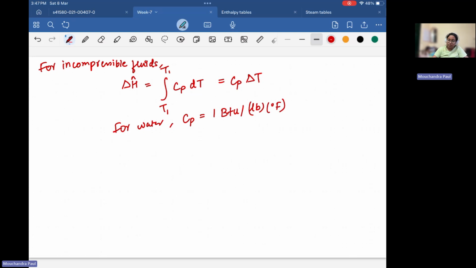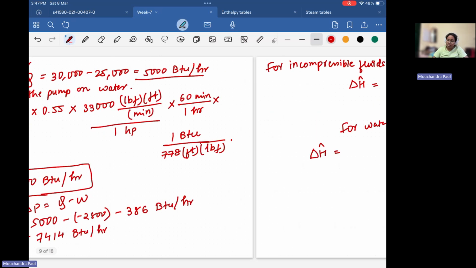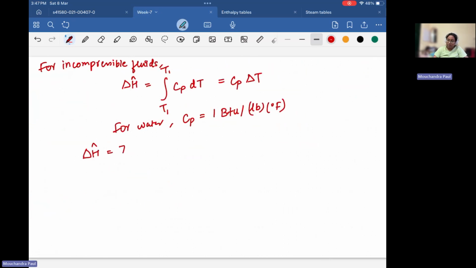But first, let's convert enthalpy to specific enthalpy. So we know enthalpy value. It is 7414 BTU per hour.